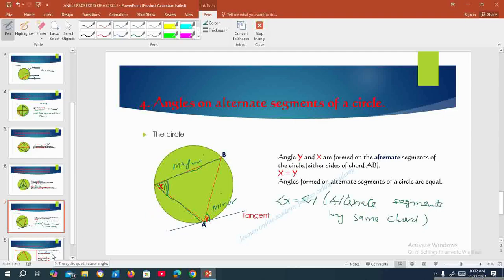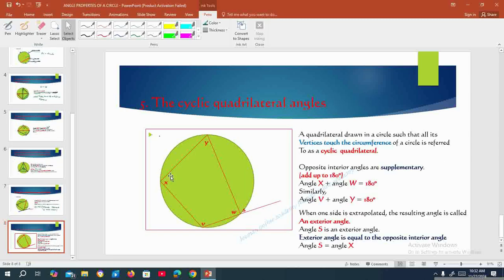Let's look at the cyclic properties of angles in a circle. If I name the vertices, I can name these A, I name the other vertex B, the other vertex I call C, and then I call this D. Then ABCD is a cyclic quadrilateral.